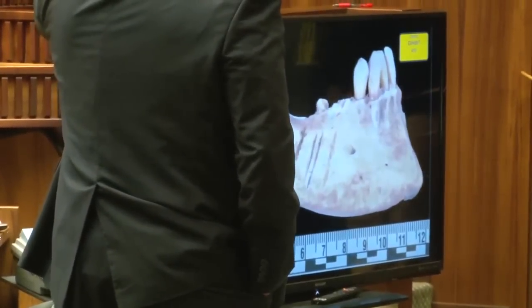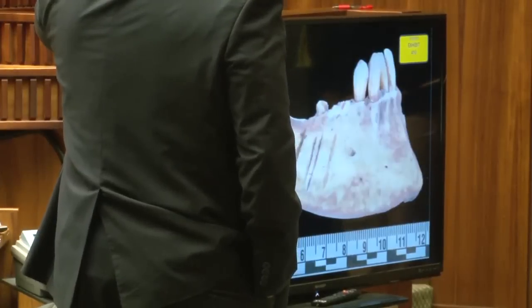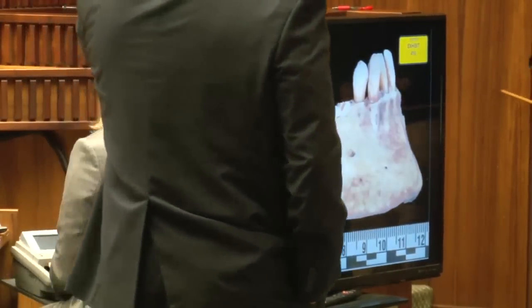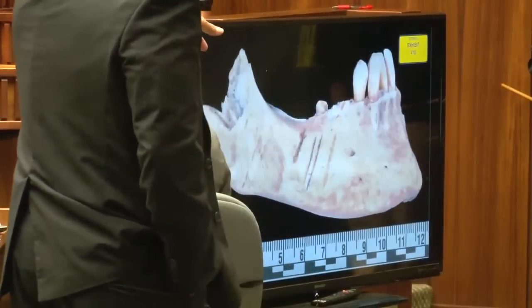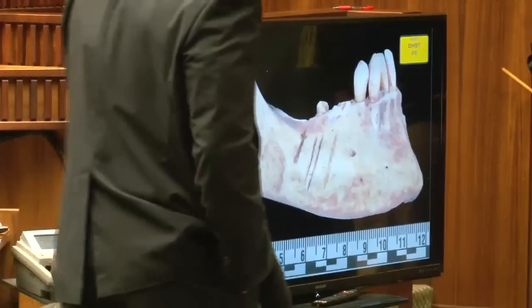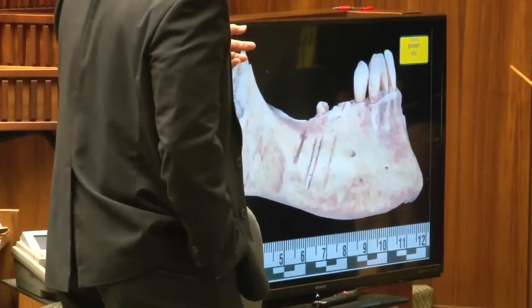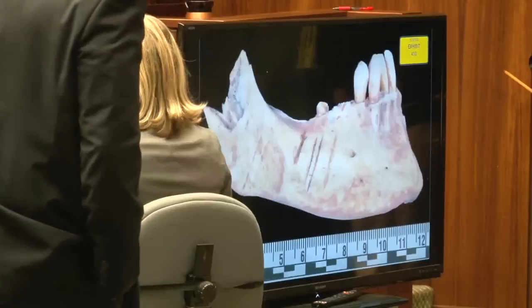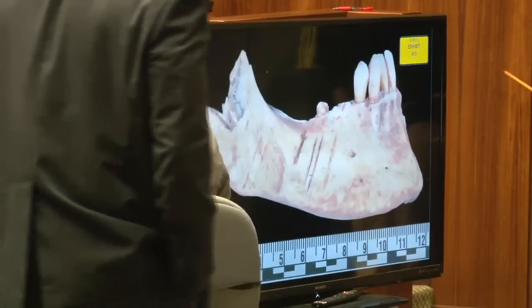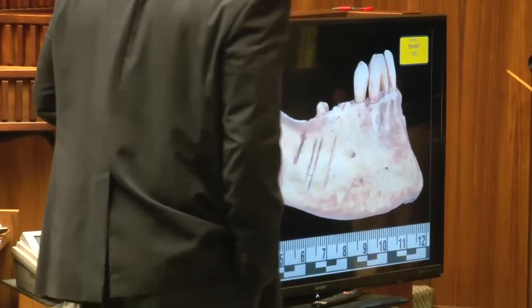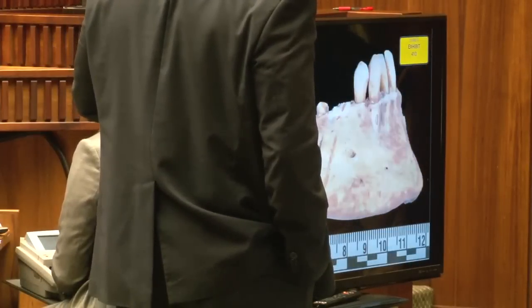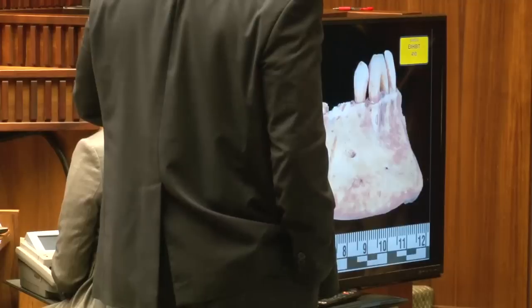Yes. Okay. And when you said you had a chance to physically handle as well as observe the mandible in this case, is the right part of the mandible depicted in State's Exhibit 410? Yes. Now, I want to turn your attention to the middle of the photograph. There are 4 linear marks in the middle of the right mandible. Do you see that? Yes.